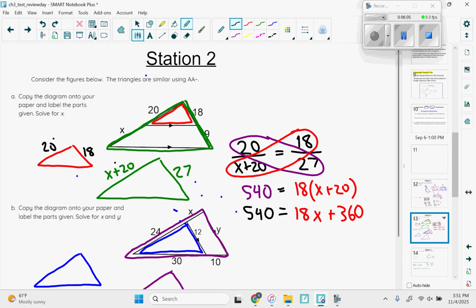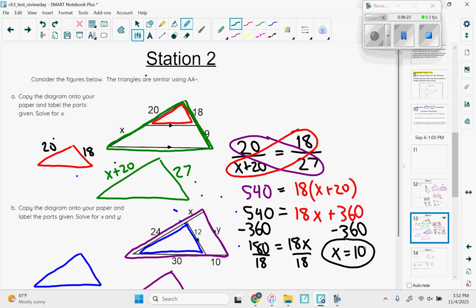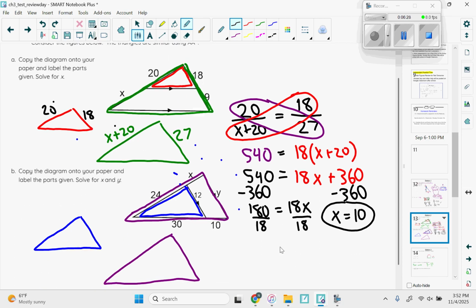I want to get x by itself, so I'm going to subtract 360 from both sides. And so I get 180 equals 18x. And then I'm going to divide to get just x by itself. X is going to be 10 in this problem. Moving on to part B.